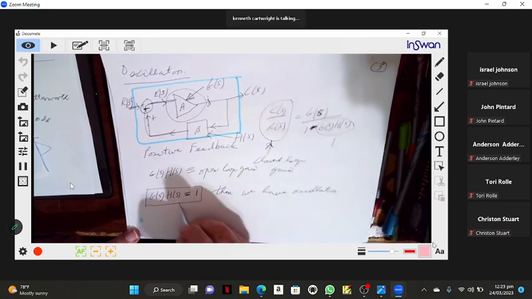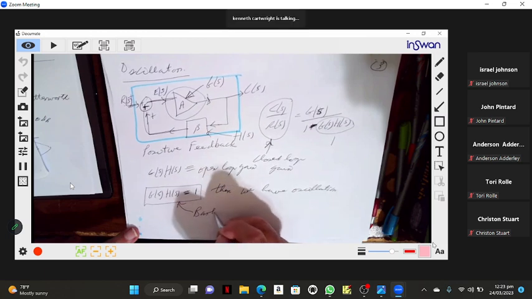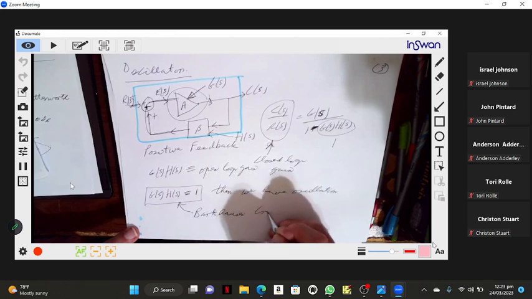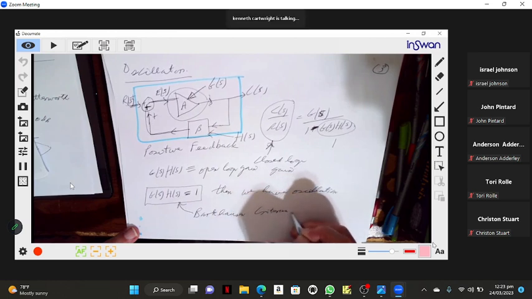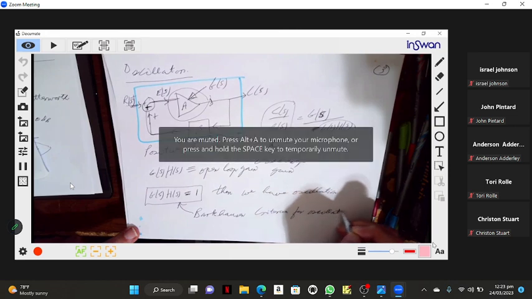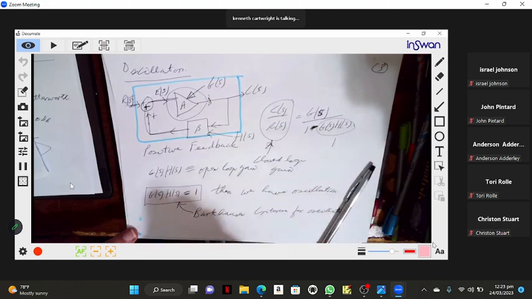And this is called the Barkhausen criterion for oscillation. So you want the open loop gain to be 1.